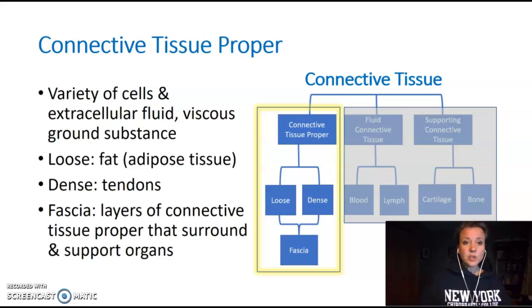Loose connective tissue proper includes adipose tissue or fat, while dense connective tissue is what comprises tendons and ligaments. And then, as I said, fascia is going to be a combination of loose and dense connective tissues.